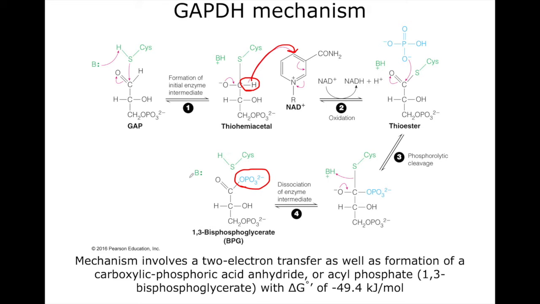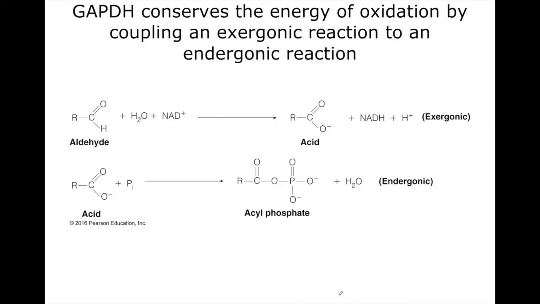There our cysteine and our histidine are regenerated, and here you can see the mechanism involves a 2-electron transfer. There we're talking about that hydride ion to the NAD+, as well as the formation of an acyl phosphate, which is 1,3-bisphosphoglycerate. So remember, we mentioned that we're forming this molecule here, which upon hydrolysis has a very large negative delta G.